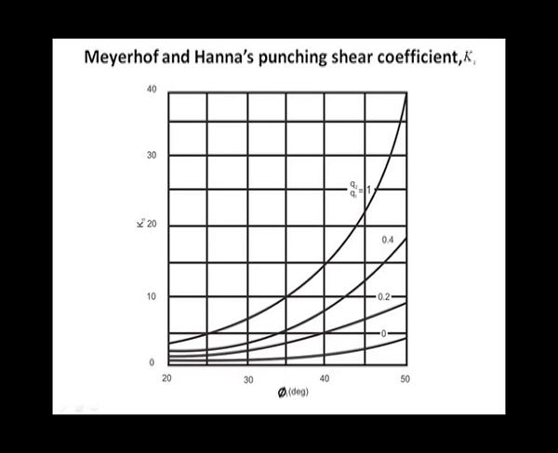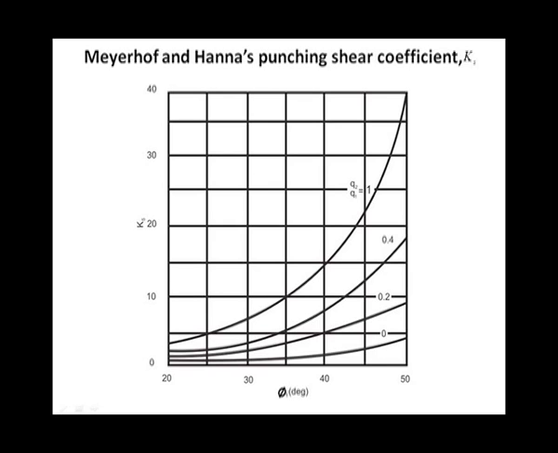So, if we know the phi 1 value, this is the top layer frictional coefficient, and if we know the Q 2 by Q 1, these are the different values: 1, 0.4, 0.2 and 0. So, if we know this phi and the corresponding different Q 2 by Q 1, we can determine the case.